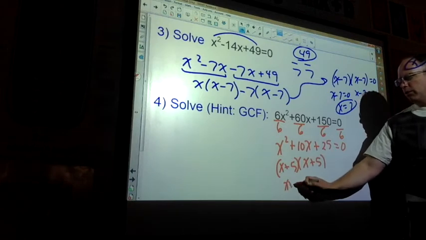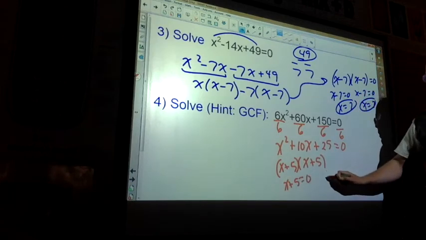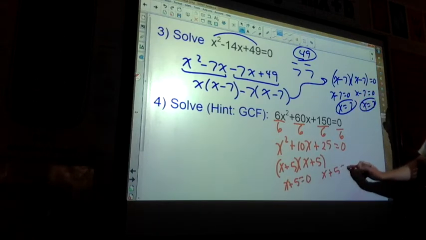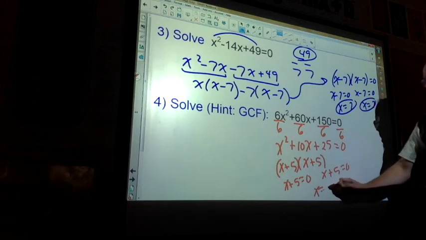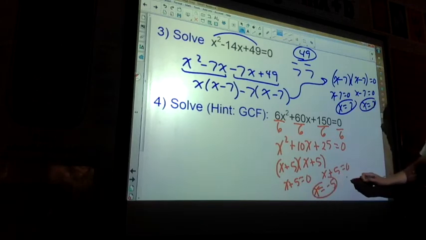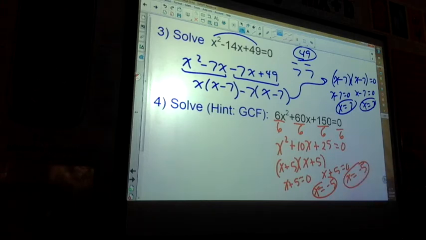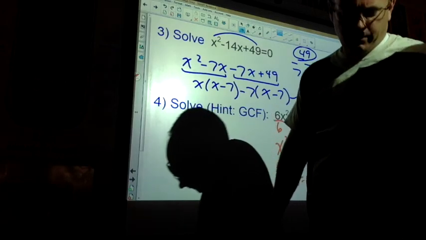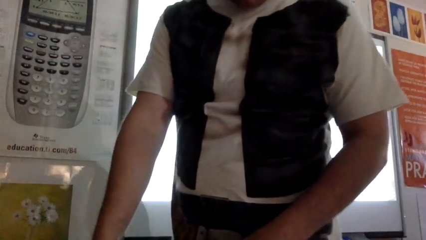So then you have x plus 5 equals 0, and x plus 5 equals 0. So x is equal to negative 5, and x is equal to negative 5. So again, what's taking place? If you had graphed this, what would be taking place with the parabola? It bounces off. So the vertex is happening right on the x-axis. What do you think? Was this okay?